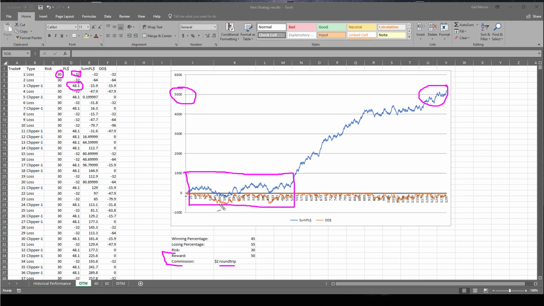You go underwater right here, and then you go back, and then it comes back, and then it goes up, and then it gives some back, and then you're back to break even over here. This is very frustrating, but yet the strategy would make money if you just stayed with it.